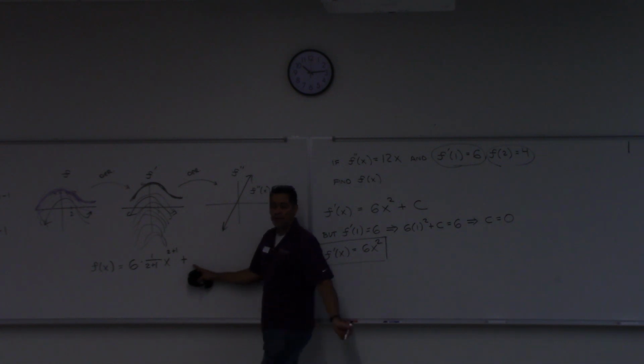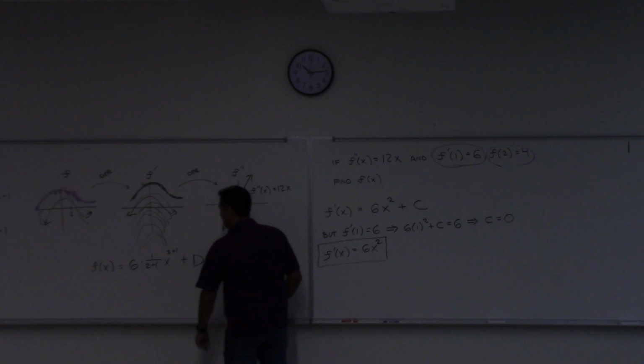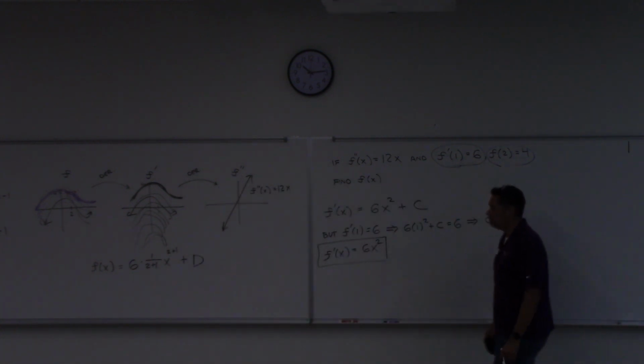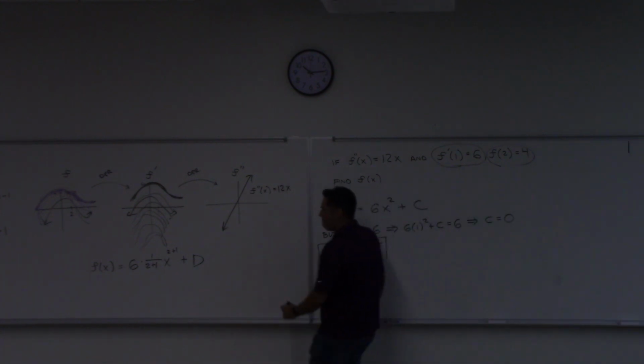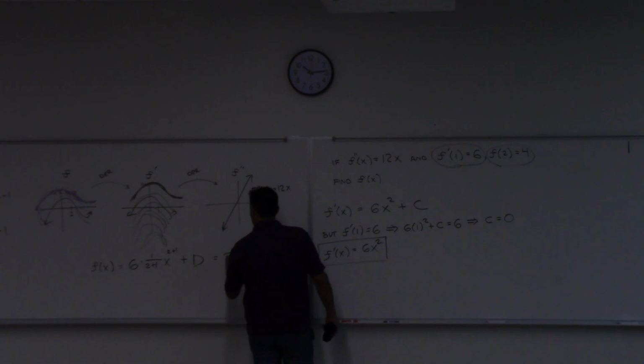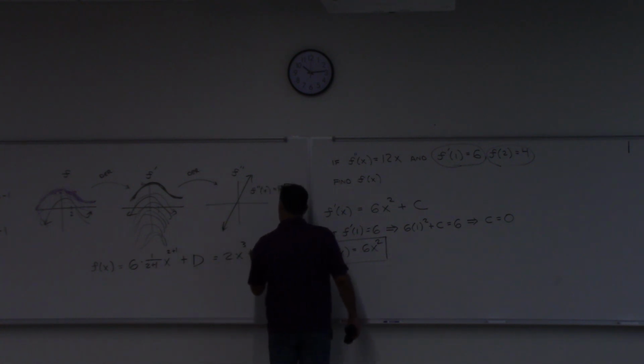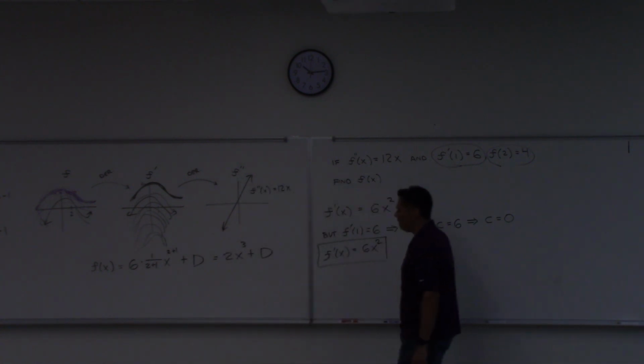I'm not going to use c twice in the same problem. I'm going to call this d instead of c, just so that we don't confuse the two. So what do we get there when we simplify that? 2x cubed plus d, right? Plus d.